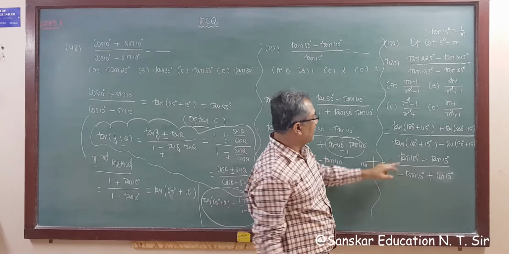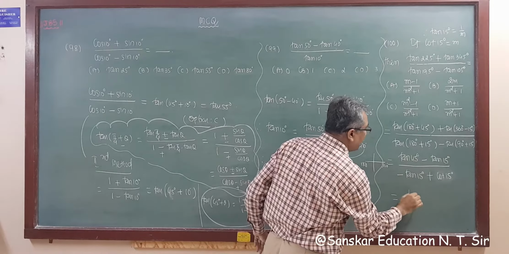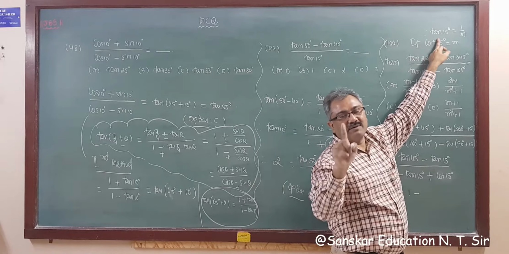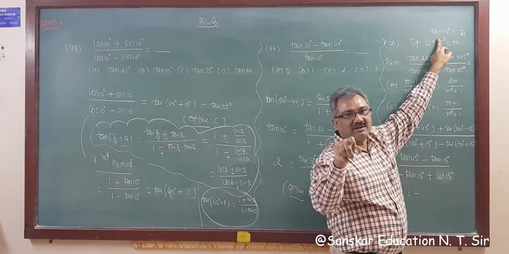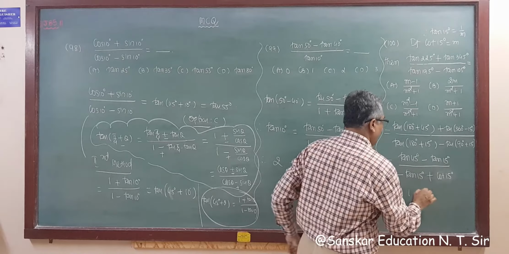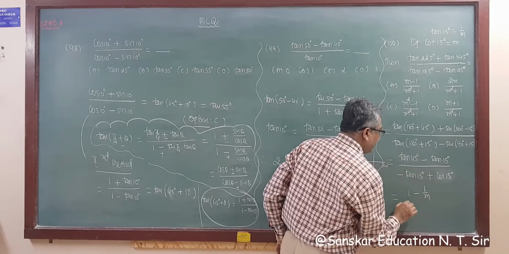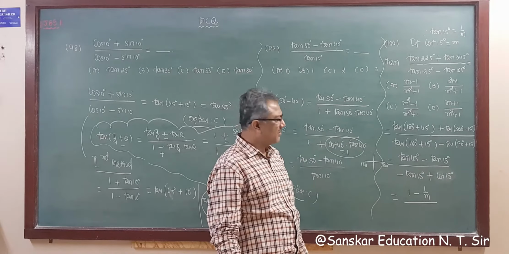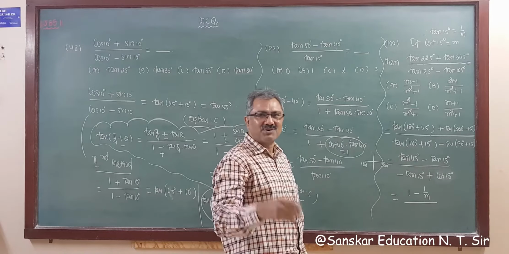So tan 45 is 1. So I am substituting that value, minus tan 15. You are given this value, so never use tan 15's value, root 2 minus 1. Right? So tan 15 is 1 upon m. So 1 upon m whole upon. I think tan 15 is not root 2 minus 1.